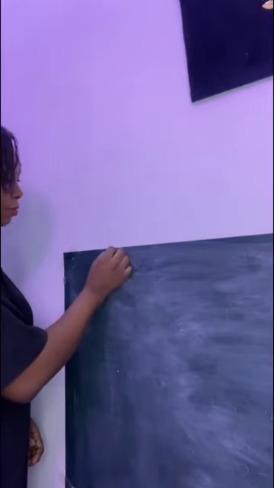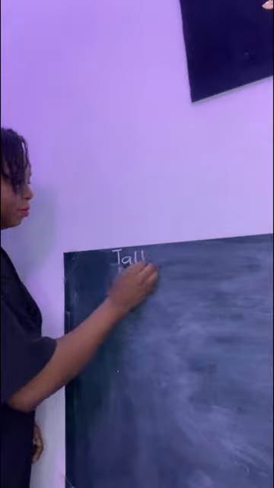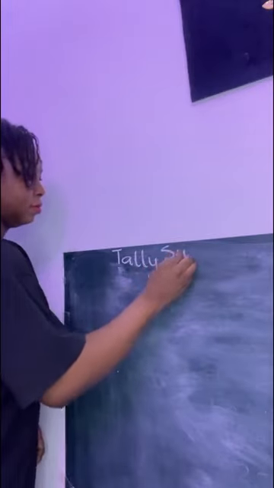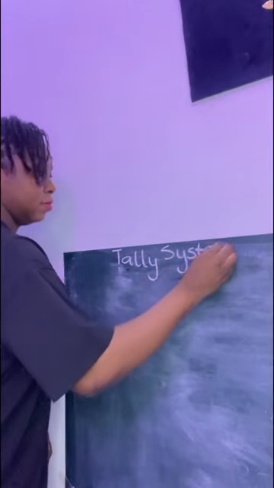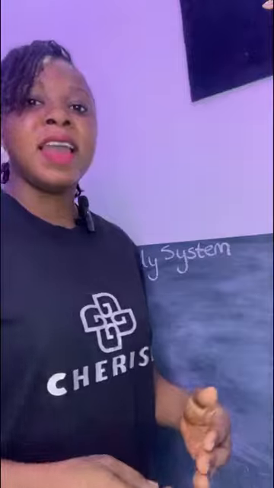In today's class, we're going to be talking about the tally number system and the Roman numeral system. So let's begin with the tally system. The tally system made use of tally marks.